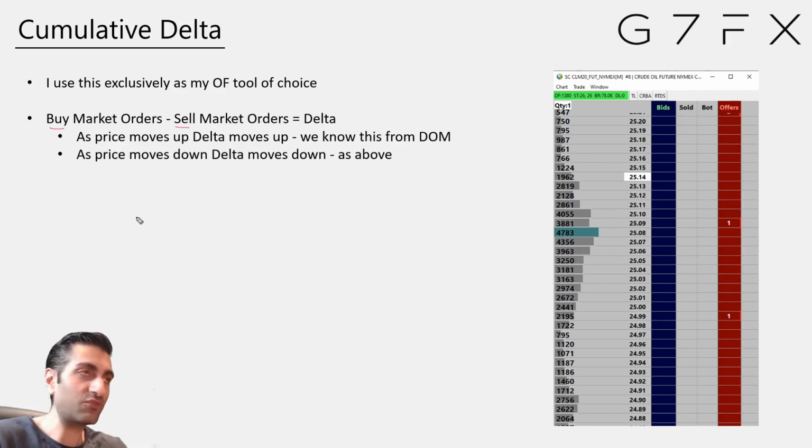Now, what it is, if you think of what is happening on a depth of market or even on a footprint, let's look at it in one direction. Let's say that the market's going up here, this is crude oil, but it could be anything. You've watched the depth of market now probably 100 times. Would you agree? What makes the market go up? Market orders eating into pending orders, right? So let's just make up some numbers.